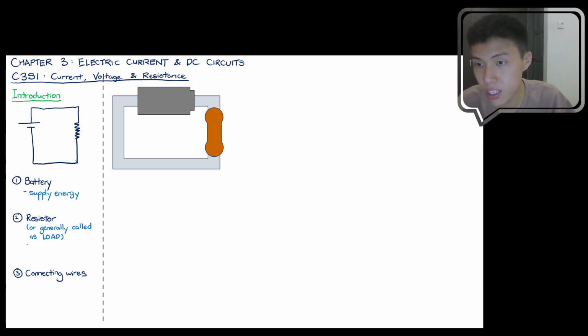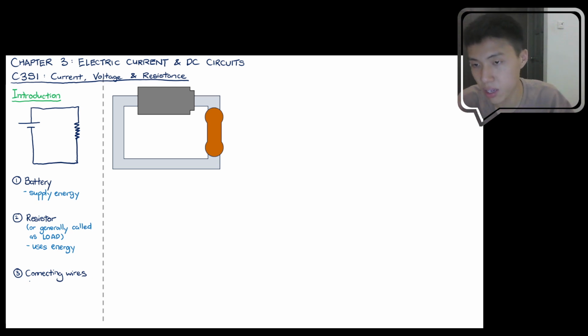So the resistor uses energy, transforming it into useful work usually. If it's a light bulb, you transform it into light energy. If it's a buzzer, you transform it into kinetic energy or sound energy. So it transforms into some kind of energy that is useful for work.